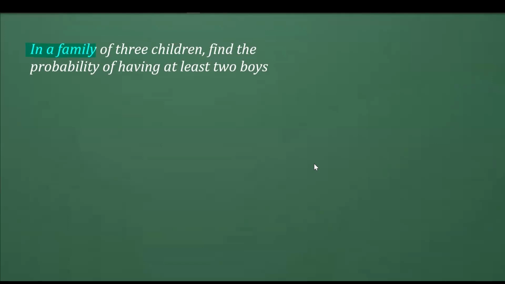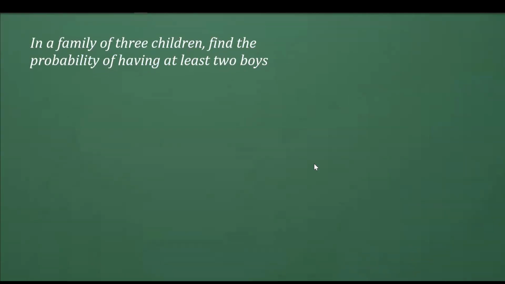In this question, in a family of 3 children, find the probability that at least 2 boys are there. Now, this is similar to tossing a coin 3 times, right? There are 2 outcomes, over here it's boy and girl, and the number of trials is 3 because there are 3 children in a family. So there are 8 such observations. Half of 8 is 4. This is the trick.